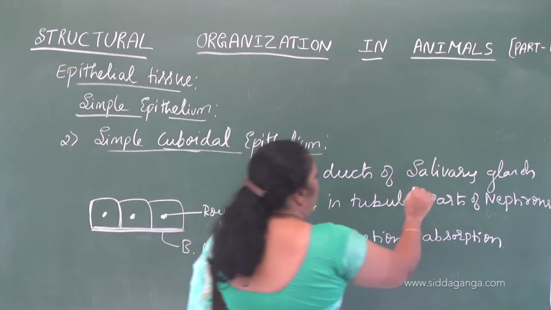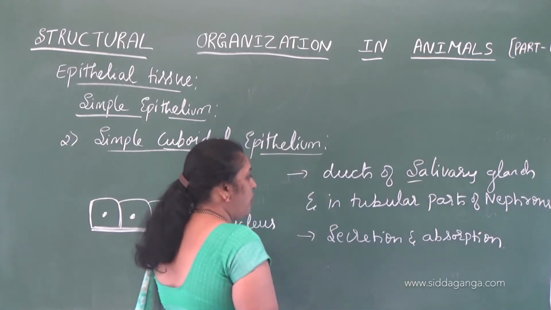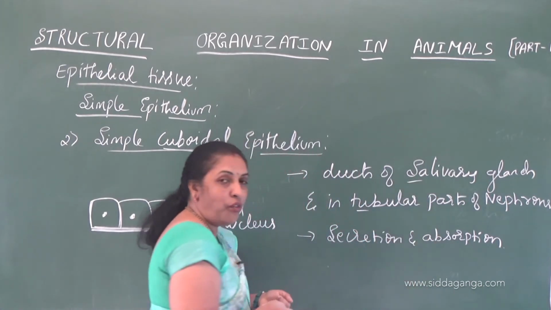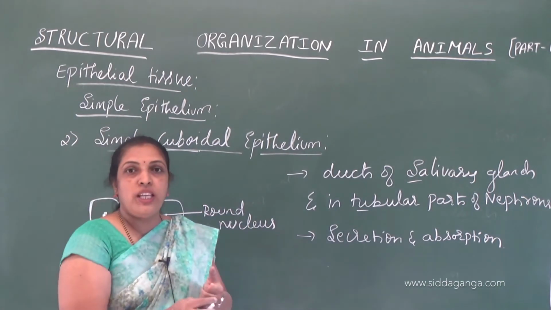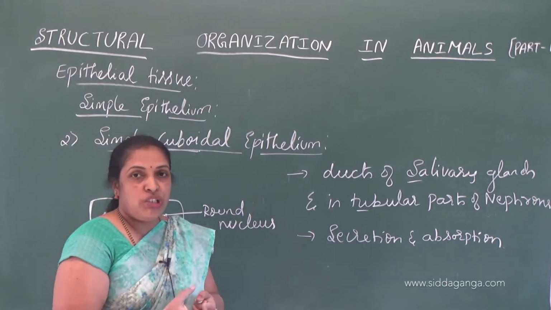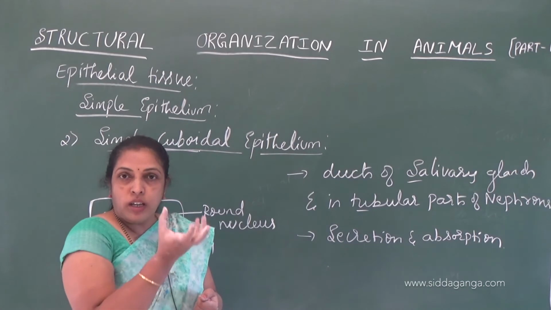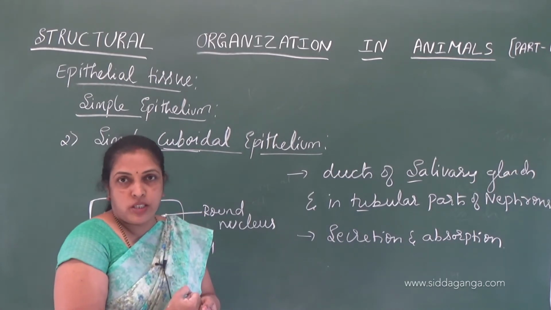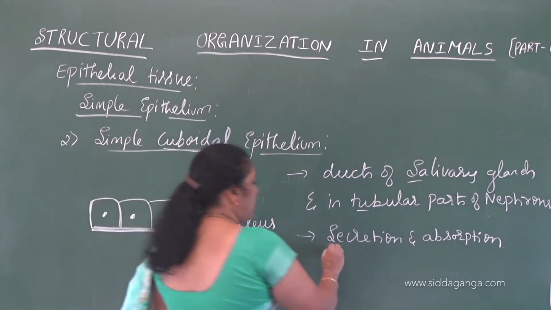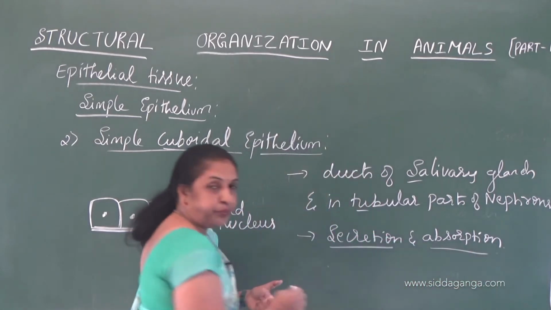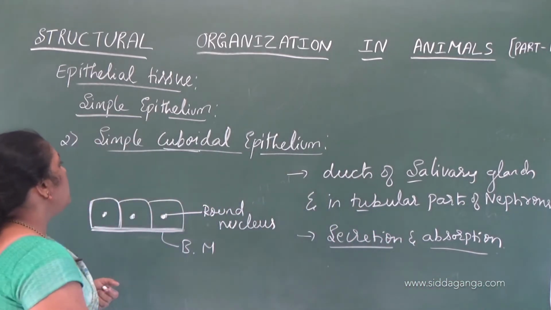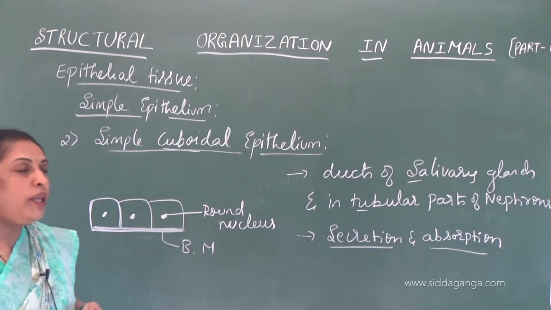They are found in the ducts of salivary glands and in the tubular parts of nephrons. The main function of this epithelium is secretion, like mucus, and it also helps in absorption of substances. So this is about simple cuboidal epithelium.